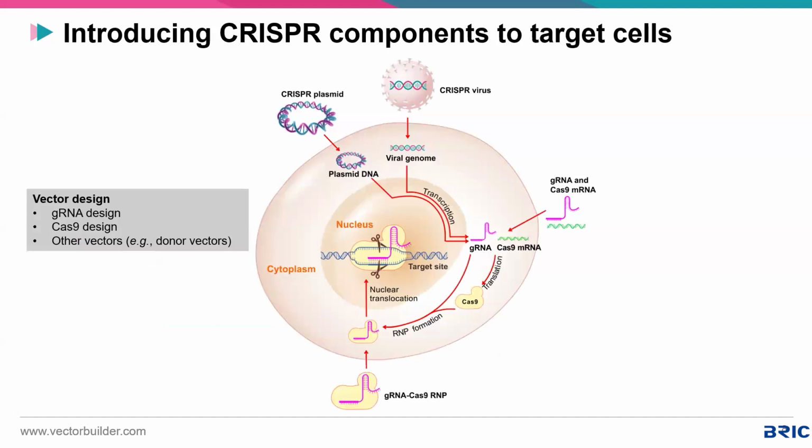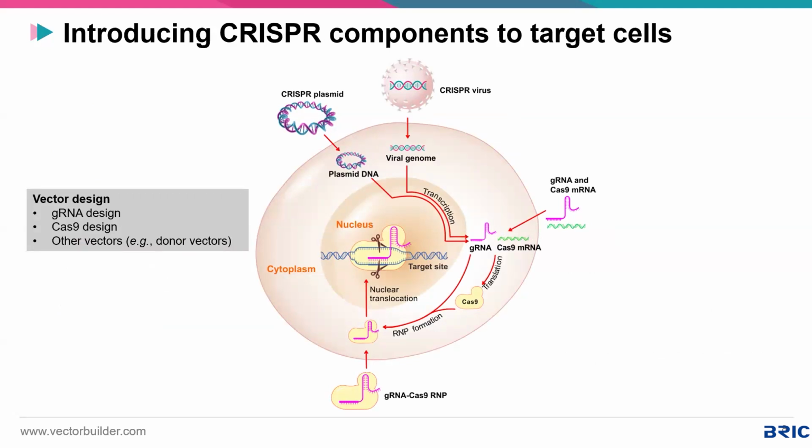So hopefully I've given you an overview of how the CRISPR system works and some of the very general, broad applications of the system. I want to spend a little more time talking through the experimental tips, practical ways to successfully design a CRISPR experiment.